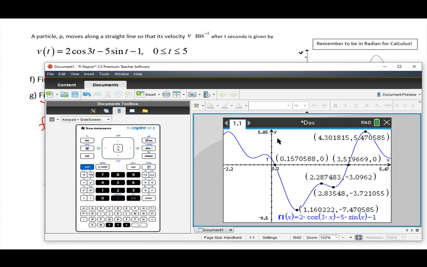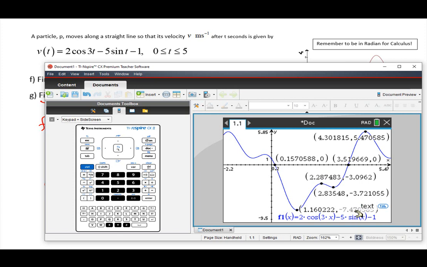Just to recap, we needed to find when the speed is going to be the greatest. That means finding the biggest y value on the velocity graph, ignoring positive and negative signs. The biggest positive y value was 5.47, and the biggest negative y value is negative 7.47. If we ignore the negative, 7.47 is bigger than 5.47, so this is when the speed is the greatest.